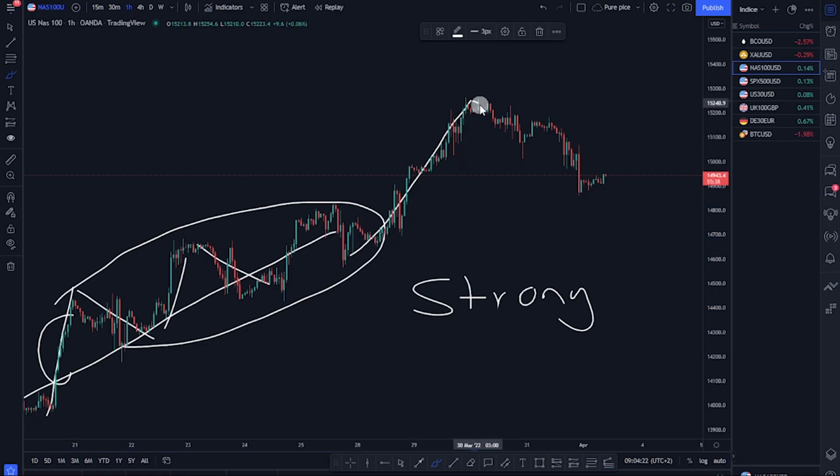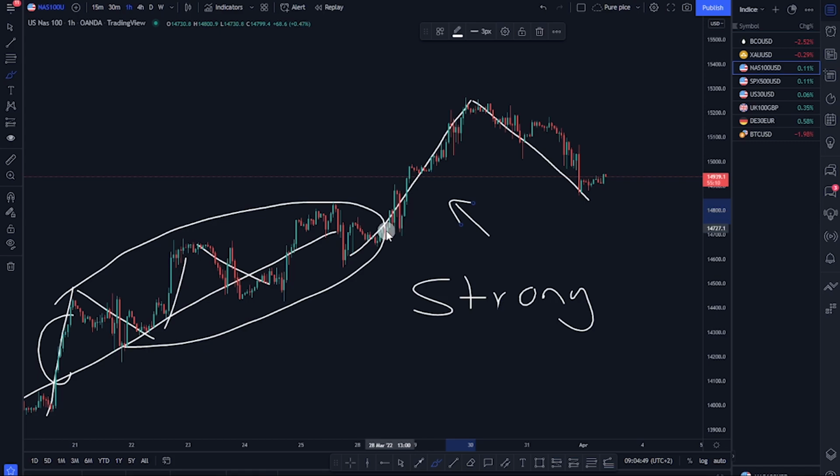Why? Because pay attention to this corrective wave. You can see that this corrective wave is also the biggest corrective wave in the entire trend. So this corrective wave managed to cancel the strength which was displayed by the buyers here. It rendered the buyers useless because it was able to counteract their initial strong move.